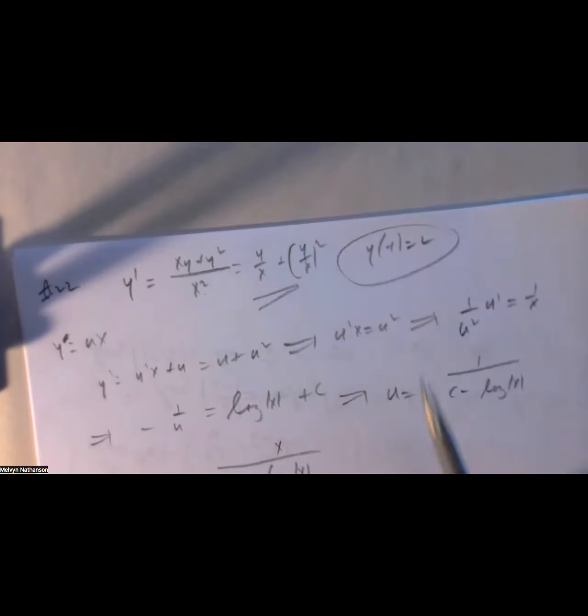And now we have our initial condition, y of -1. If you let x equal -1, I get -1 over c minus log 1, which is 0, equals 2, which means c is -1/2.